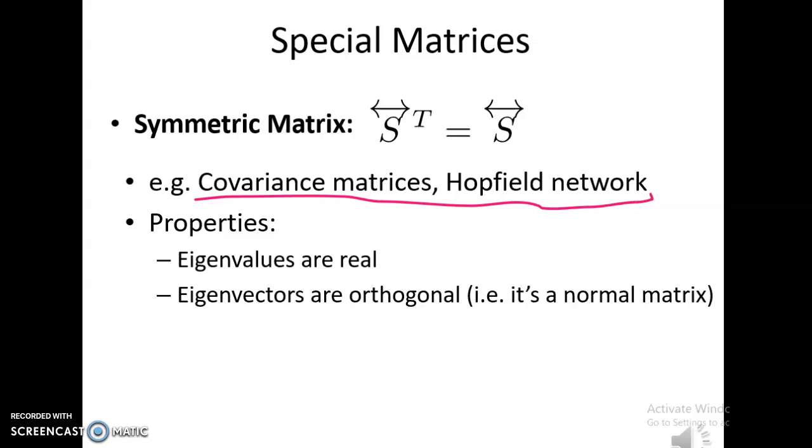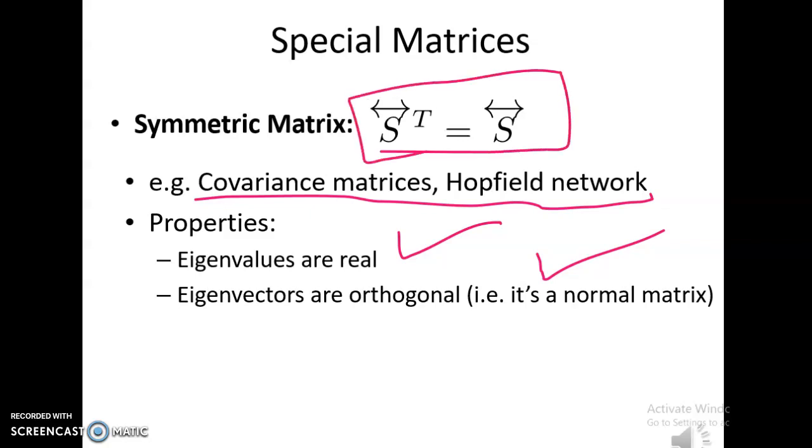Properties: eigenvalues are real and eigenvectors are orthogonal. It is a normal matrix. Symmetric matrix, S transpose equals S.